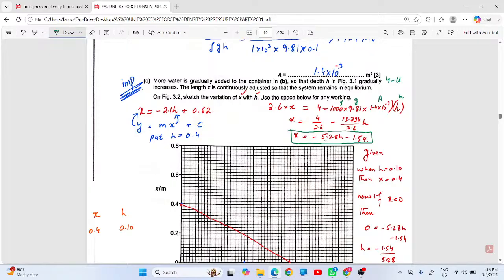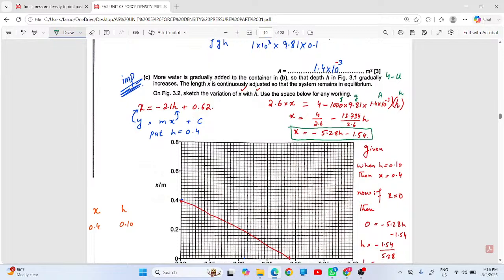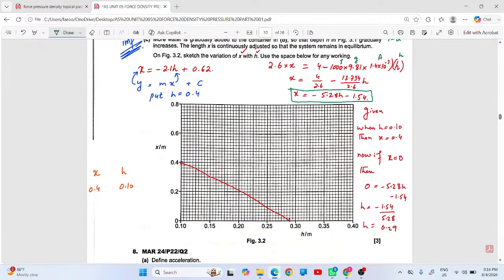अब बच्चे, if given क्या था, when h is 0.1 then x is 0.4, it is already given. ठीक है, now if the x is 0, मैं लेट कर लेता हूं, अगर हम यहाँ पे x की जगह पे 0 लगा दें और इसको रीअरेंज करेंगे ना, सो h equals 1.54 divided by 5.28.